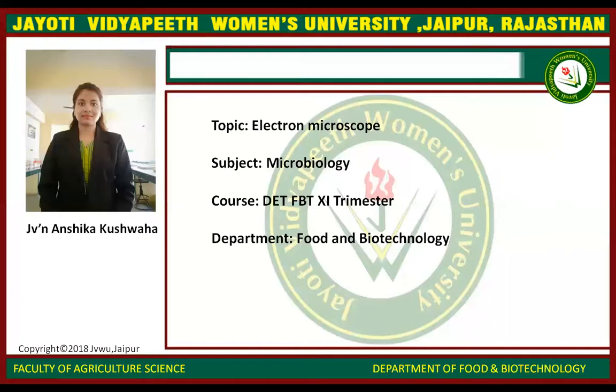It is a microscopy technique in which a beam of electrons is transmitted through an ultra-thin specimen, interacting with the specimen as it passes through it. A transmission electron microscope can achieve better than 50 pm resolution and magnifications of up to about 10 lakhs times.